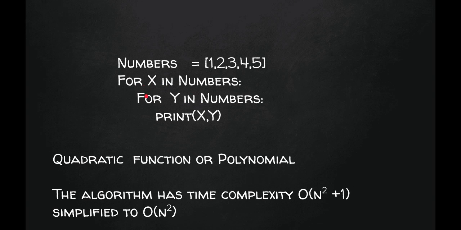So each time it loops through 1 and n, it's going to loop through n times here as well. Now this will come out as a quadratic function, or what we call a polynomial function. And the algorithm has a time complexity n squared plus 1. The plus 1 is this statement here. And then we only have 1 statement happening in that double loop here, but we simplify to O(n) squared.